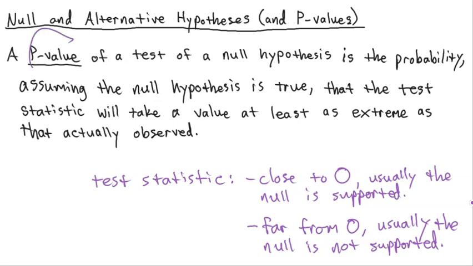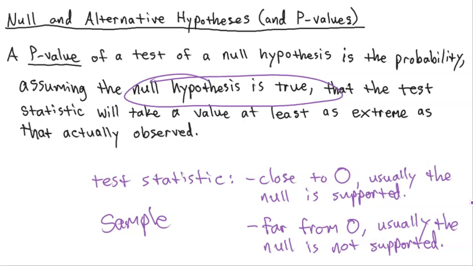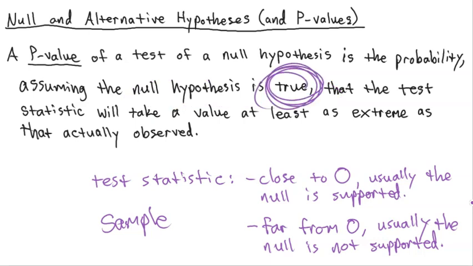So here's what the p-value is saying. Remember, this is just coming from a sample. So if, based on a sample, we get a test statistic that is far from 0, but what if we know that the null hypothesis is definitely true?